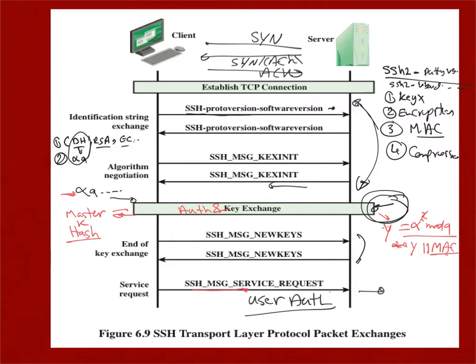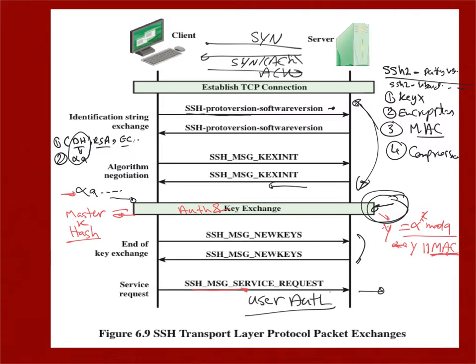After we finish all the key exchange and the server authentication, we do the client user authentication. Now the MAC is authentication for Y? The MAC, yeah, that's a good question.